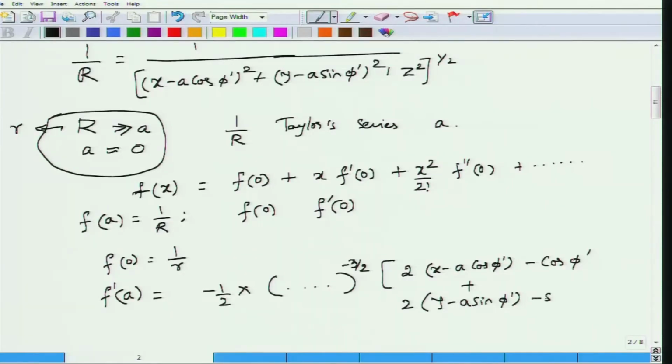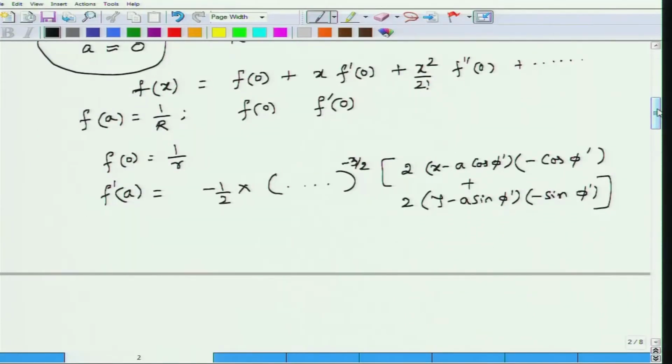Let me write this as a product so that there is no confusion here. So this is minus sin phi prime, okay. So clearly this minus half goes and cancels with this 2 in the numerator, okay. So this is all gone.